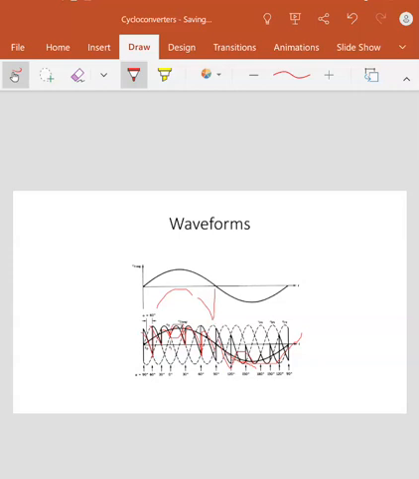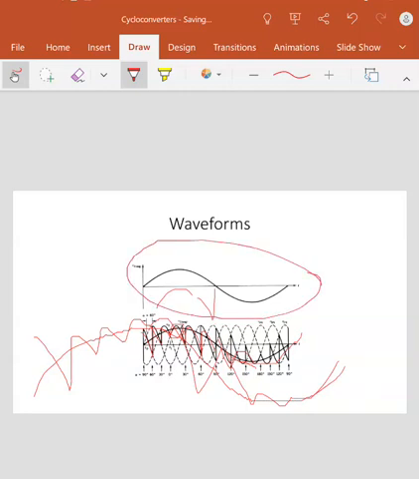You get continuous waveforms like this. We are getting the waveform like this. Overall, when you look at it, the wave shape will look like an AC waveform. So that is what is shown over here.